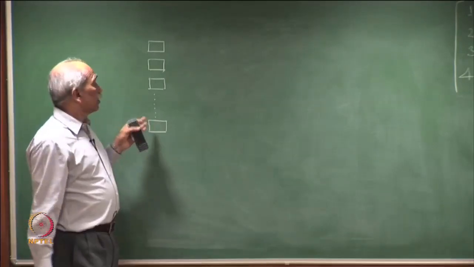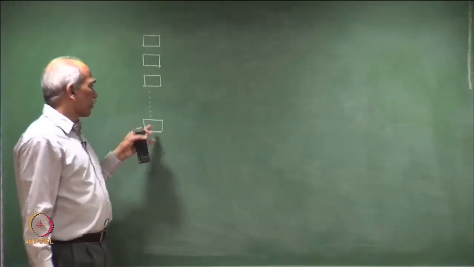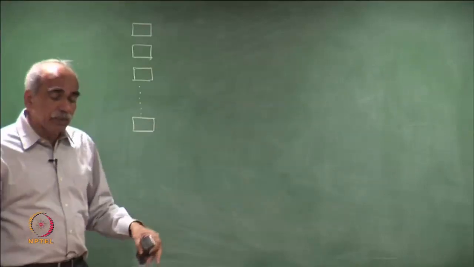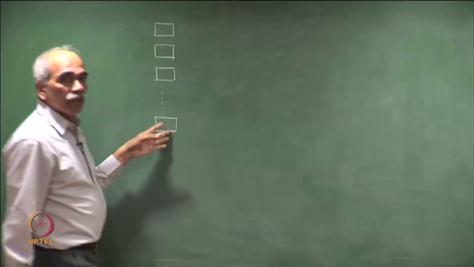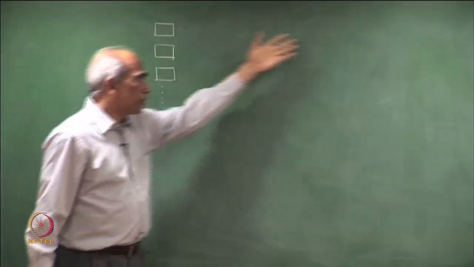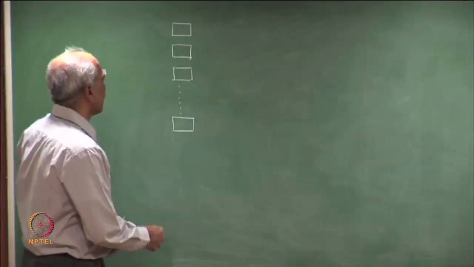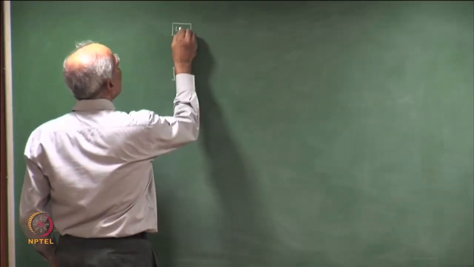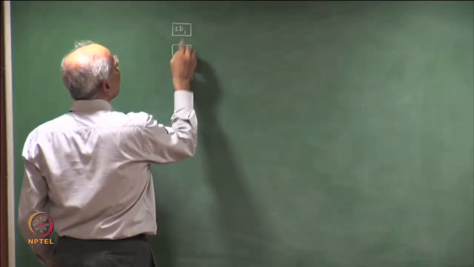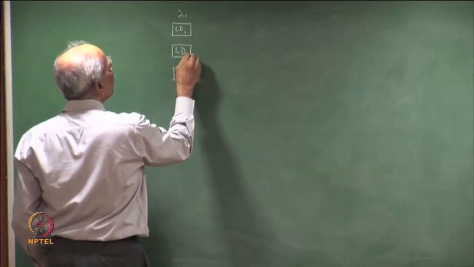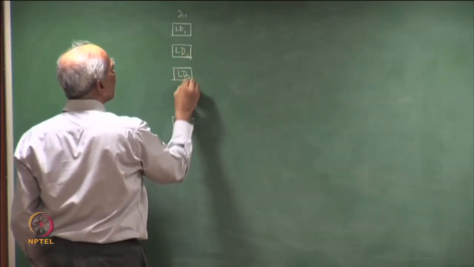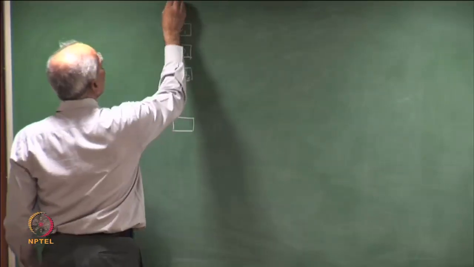More recently, there has been work reported where 10 channels of 100 Gbps systems were integrated on a single PIC to realize transmitters. So, these are the LD 1 standing for lambda 1. So, this is wavelength 1, LD 2, LD 3 and so on. So, these are DFB lasers.